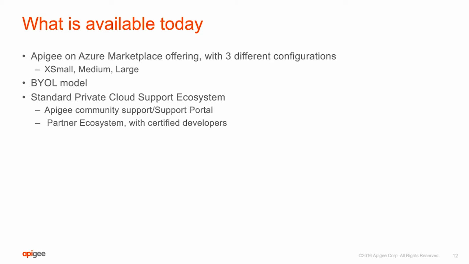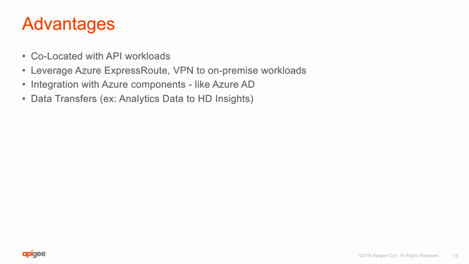Right, so that's what we have on the marketplace. And I wanted to spend a couple of minutes on the advantages, really, on what we have seen, and especially the reason why we're doing it, the demand from our customers and Azure customers on why this, right? So why Apigee on Azure in the marketplace.